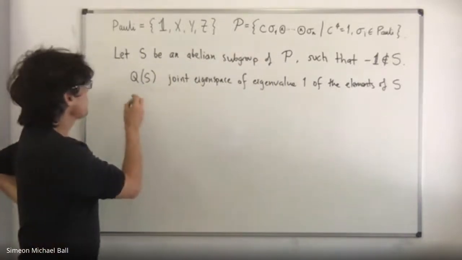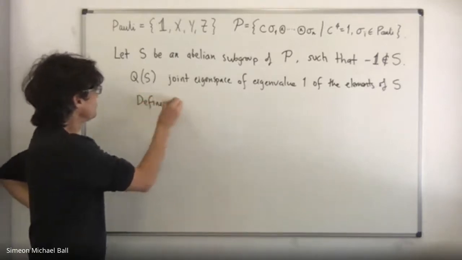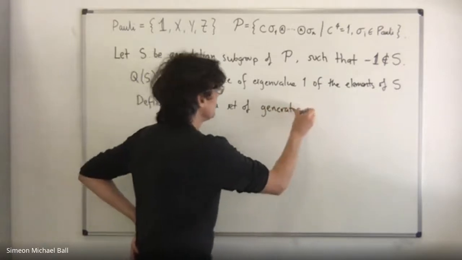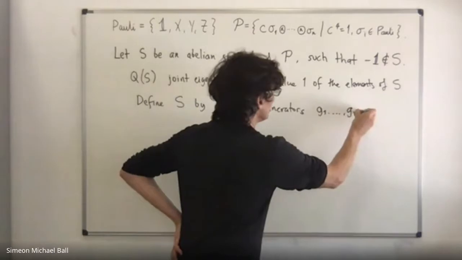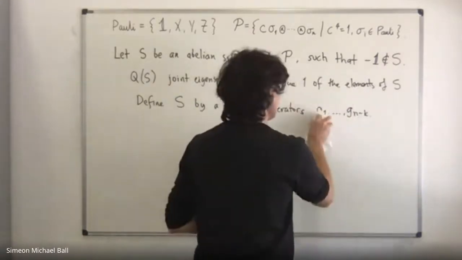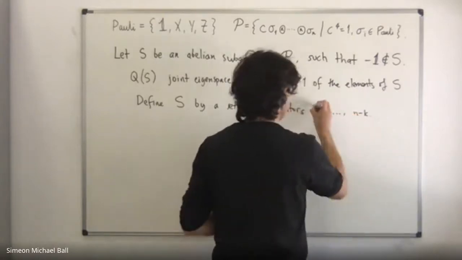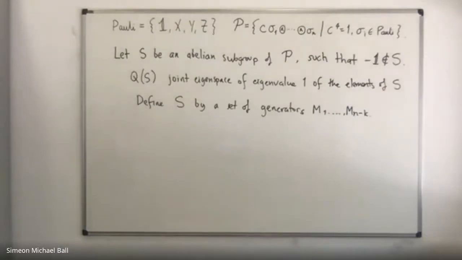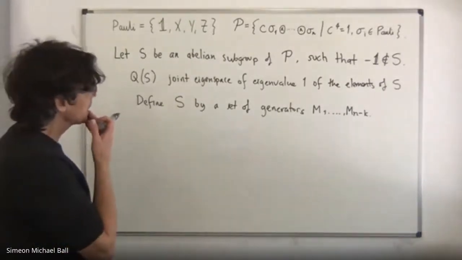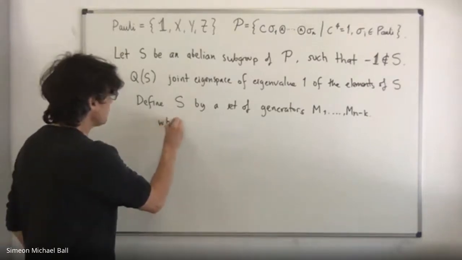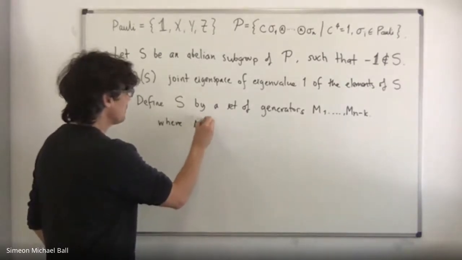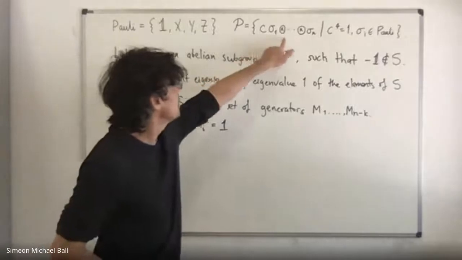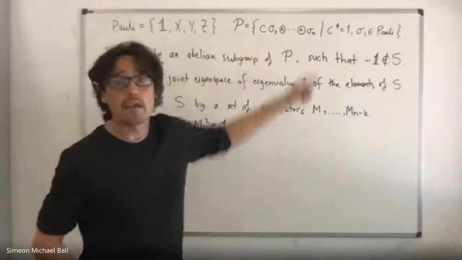so we can define S by its generators. Let's call those M1 to M(n minus k), where we choose these generators so that M squared is the identity, so that we can think of just taking the M's to be a tensor product of n Pauli matrices.